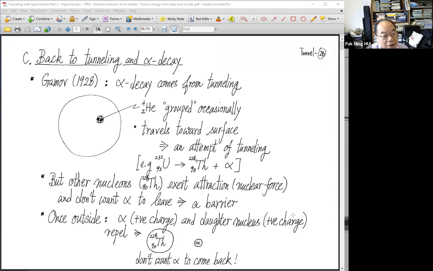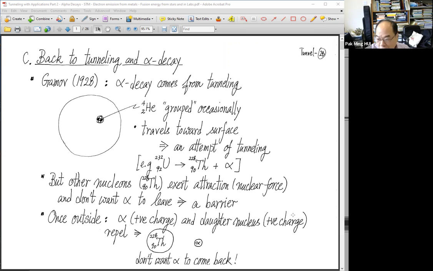And now I would like to go back to alpha particle decay. So it was Gamow, a very famous, very interesting person in physics, who proposed that the mechanism of alpha particle decay is really due to tunneling.